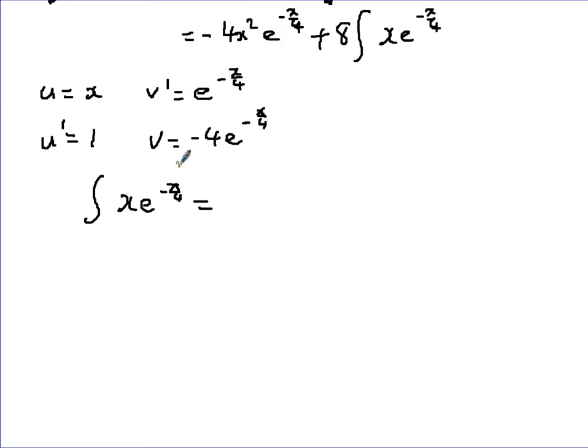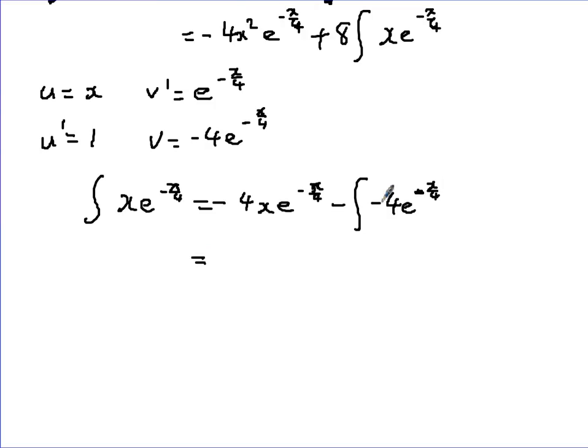So just for this part here, we're looking at the integral of this. Using by parts, it is uv, so it's minus 4x e to the minus x over 4, and then minus the integral of v u dash, so we've then got minus 4e to the minus x over 4.